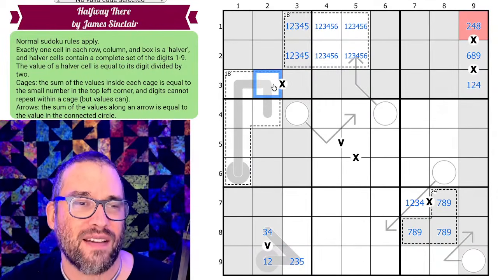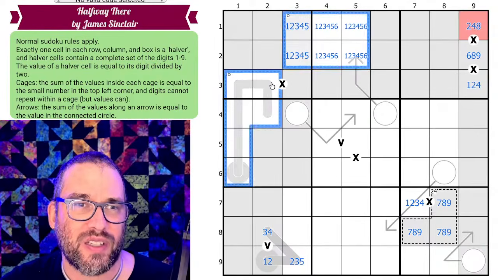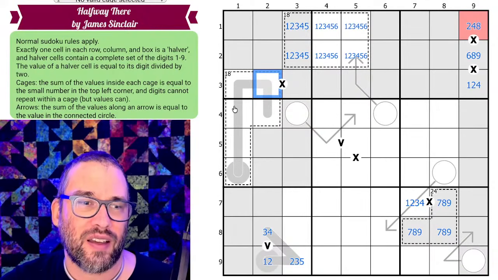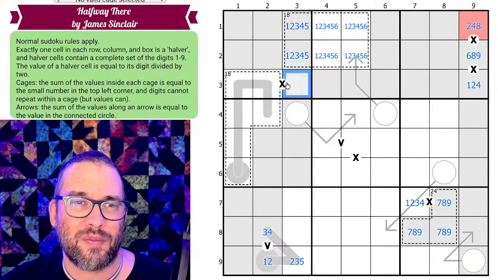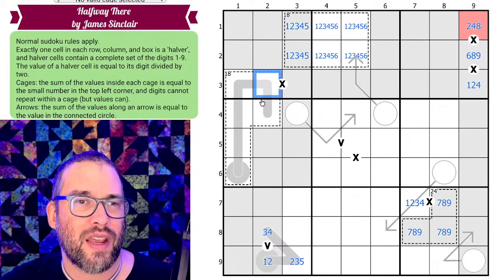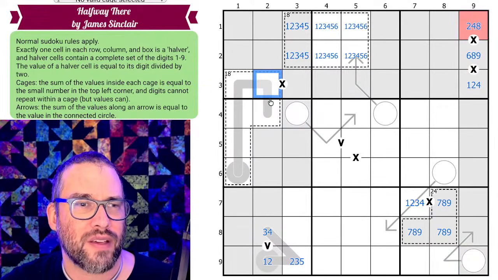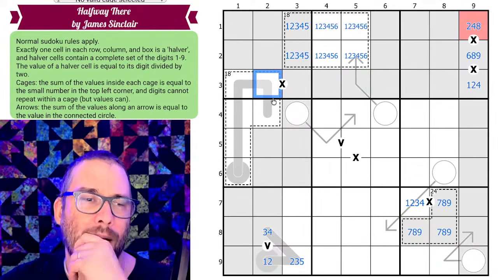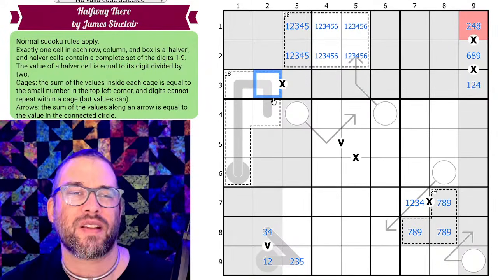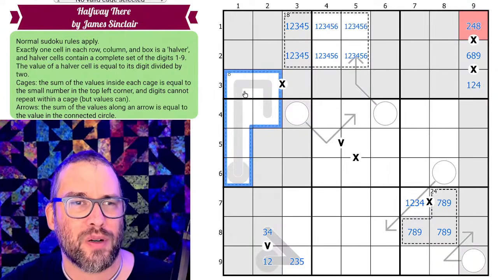We can't have this, James pointed out, which is perfect because it lets us place both halvers. Well, wait. Why couldn't we have this? Because then it would be too small for the thermo.